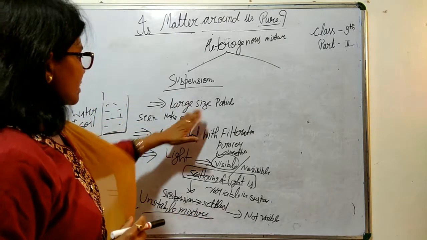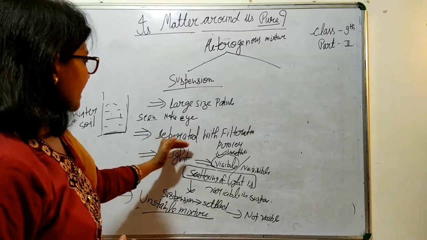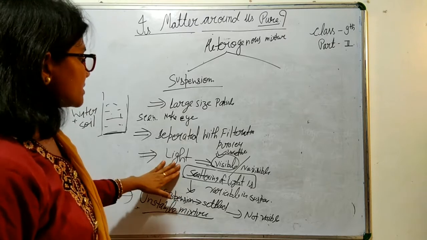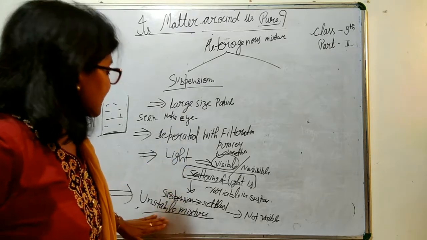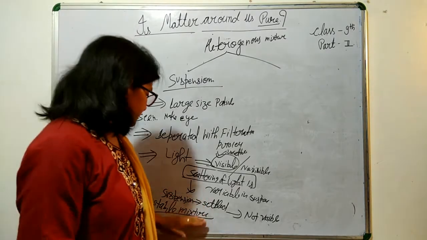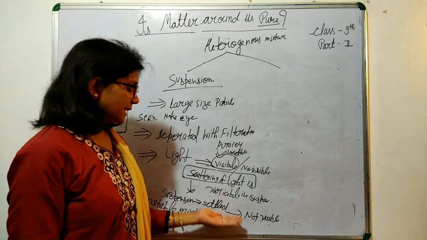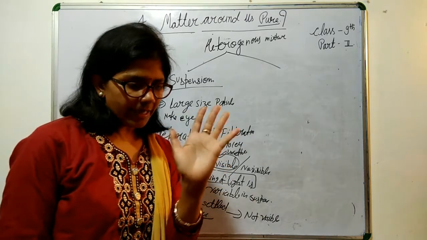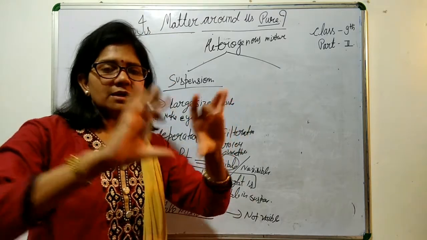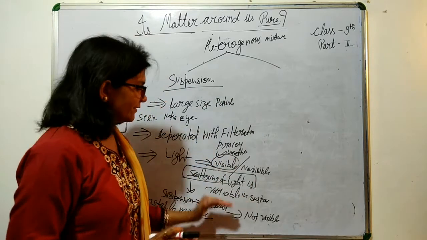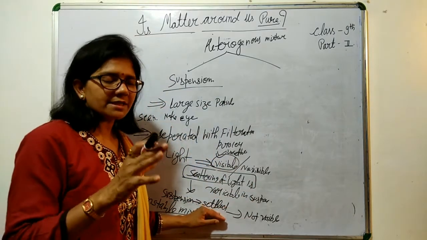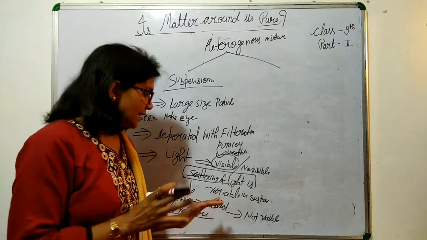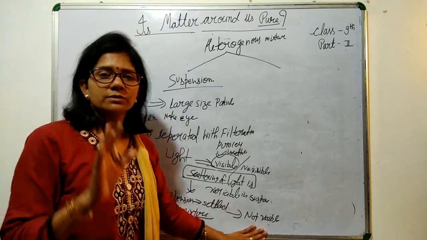So about suspension: large size particles can be seen by eyes, we can separate it with the help of the filtration process, and it is an unstable mixture. If it is unsettled, the path of light is visible, but when it is settled, or left undisturbed, there will be no visible path of light.